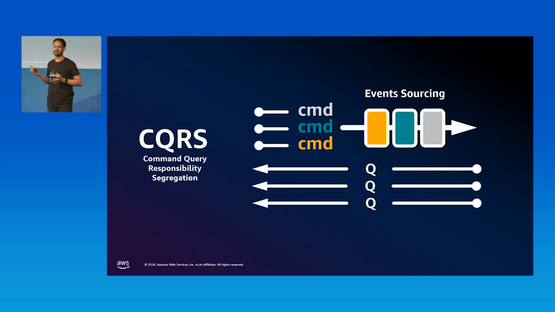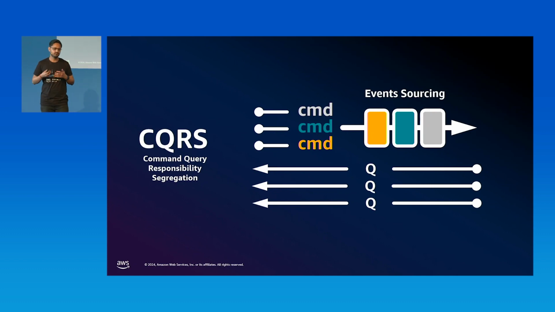And here's a visual representation that can help you understand a little bit better. On top, you see all the commands coming in. The commands would be all the write operations. And instead of writing directly into a data store, the idea is to convert those into events, the same events we talked about in event sourcing, and store them in the event store.